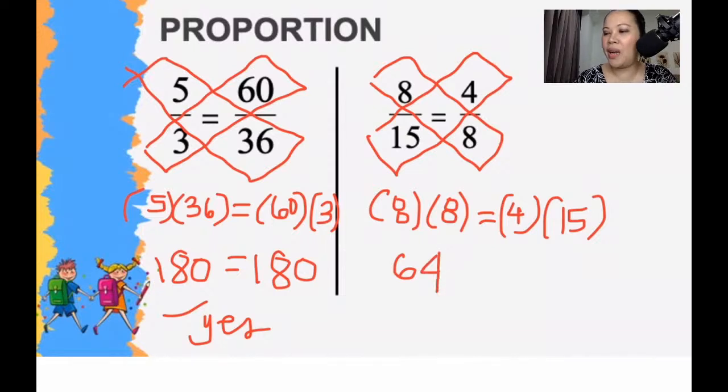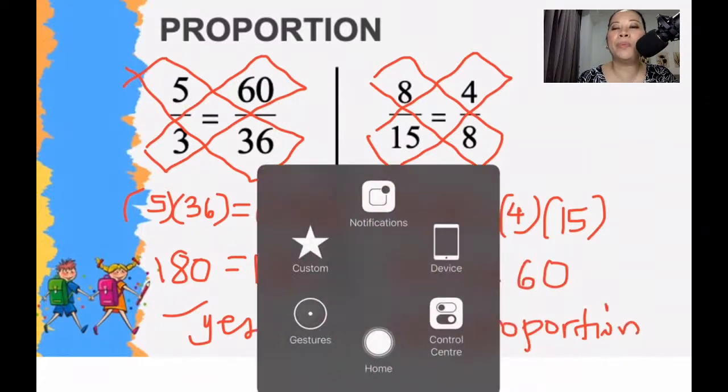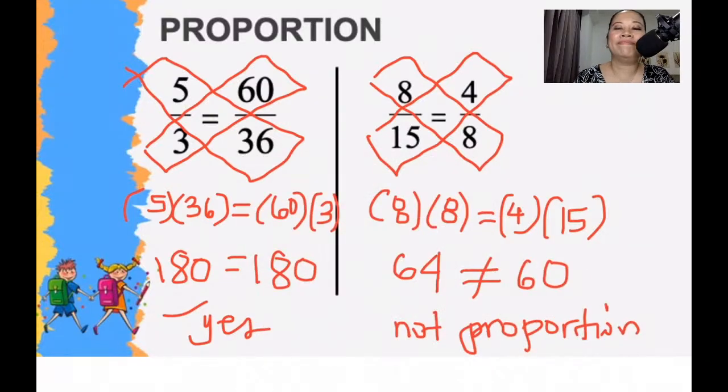Yep, that's right. 64 is not equal to 60. Therefore, 8 is to 15, and 4 is to 8 is not a proportion. Okay, not a proportion. All right. Well done. Let's proceed.